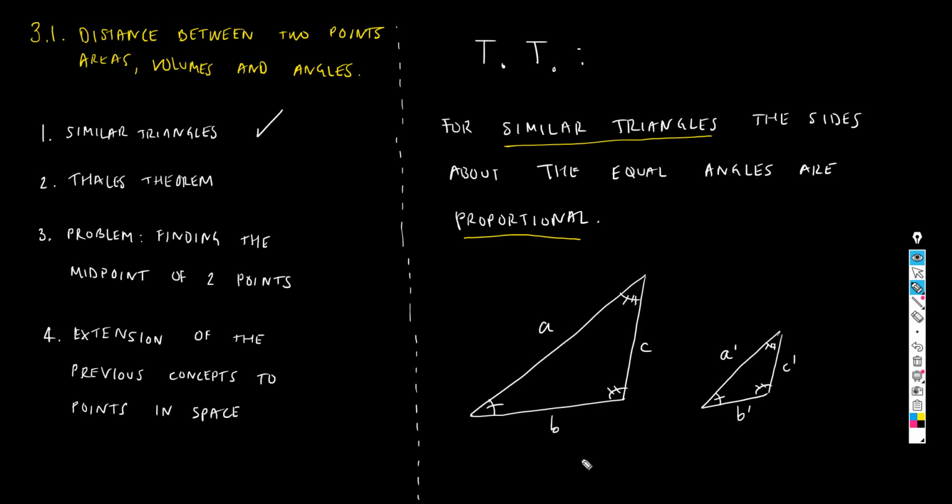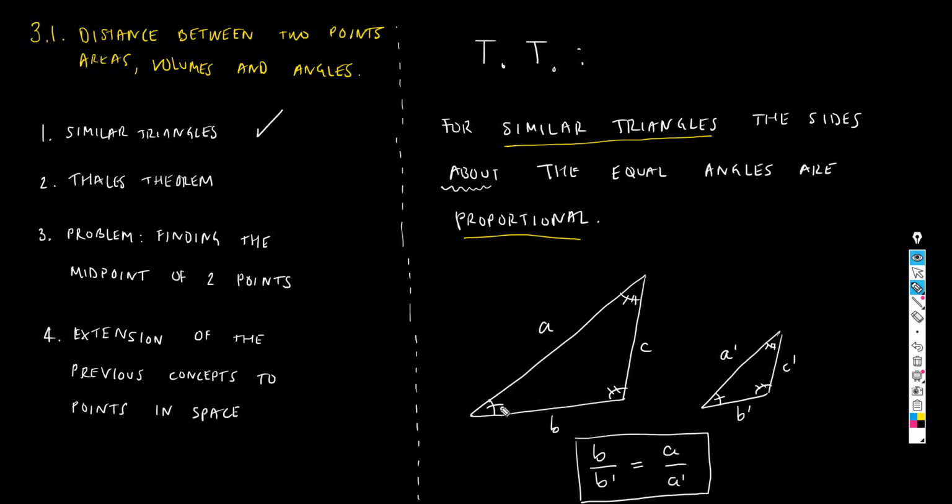And in mathematical formulation, this means the following: B over B prime equals A over A prime. There you go. That's what the theorem says, guys. And I'm making reference to the angle 1. I'm working with the sides about the equal angles. That's what about means.